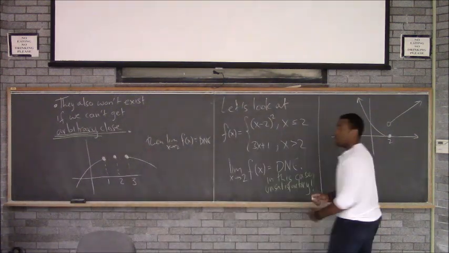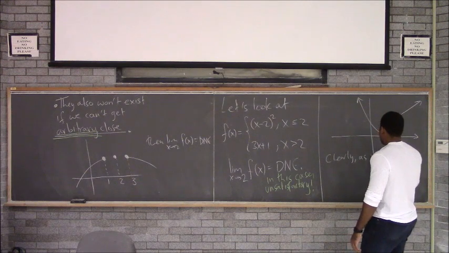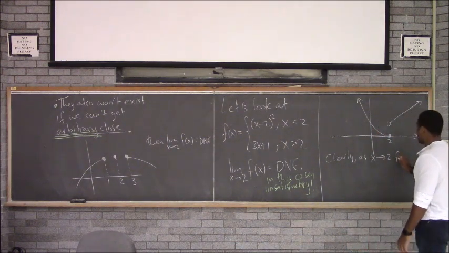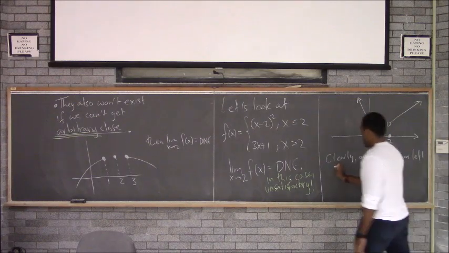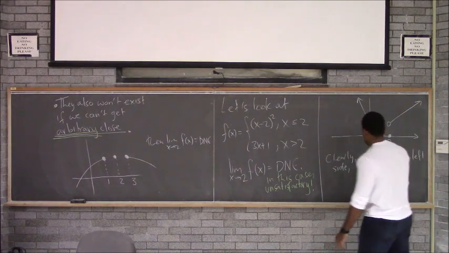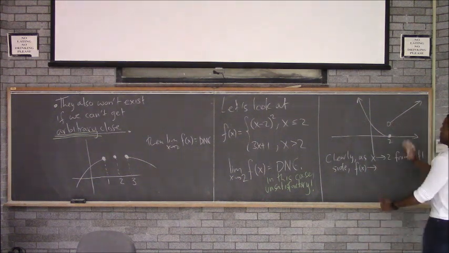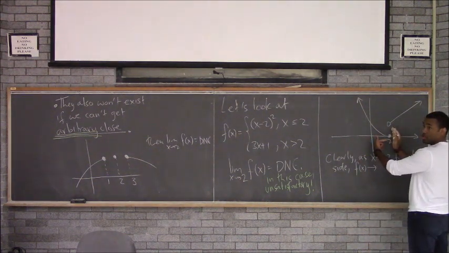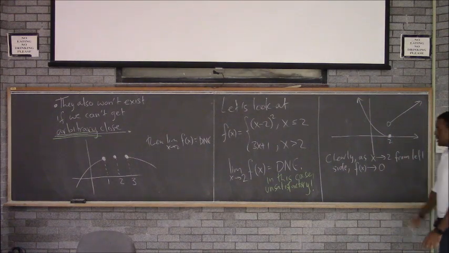Here though, hopefully it's clear: as x gets close to 2 from the left side, what is f of x getting close to? If I imagine that I'm on the left side of 2, it's clear that the function is approaching 0.